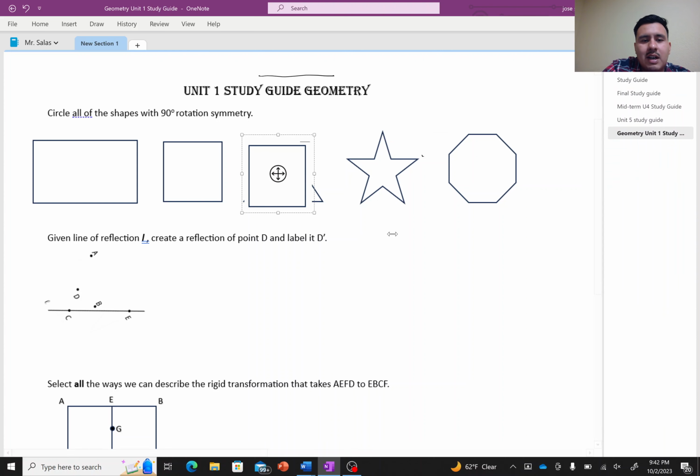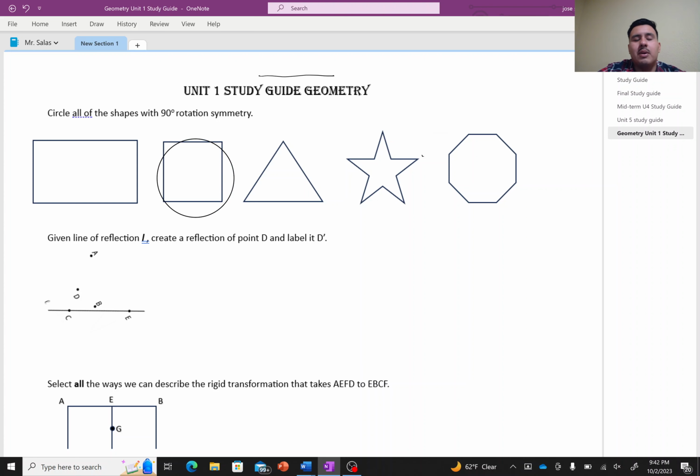If I cut it in half this way and this way, pretend that's cut in half evenly, does this top half look the same as this half? If I did it 100% perfectly, then yes, it would be identical. So a square does have 90-degree symmetry. A square is one of my first shapes that I'm going to circle.